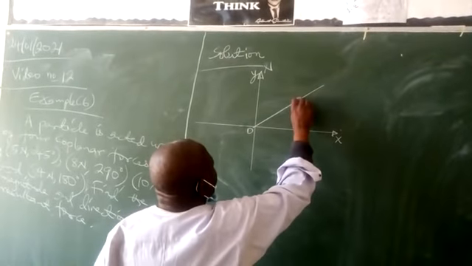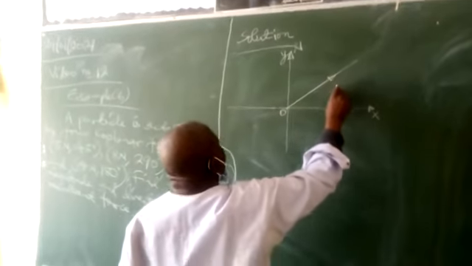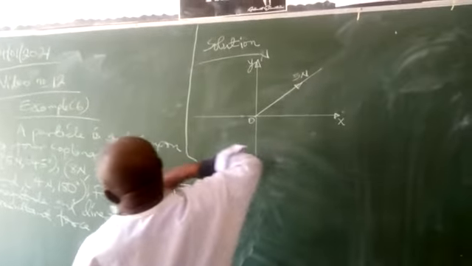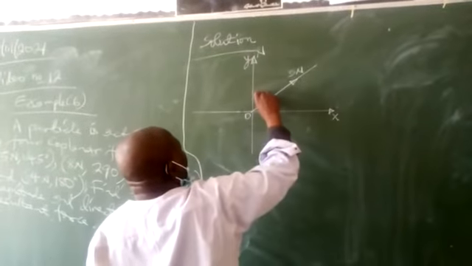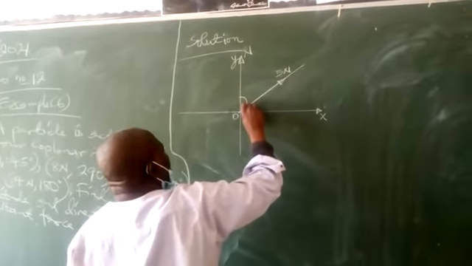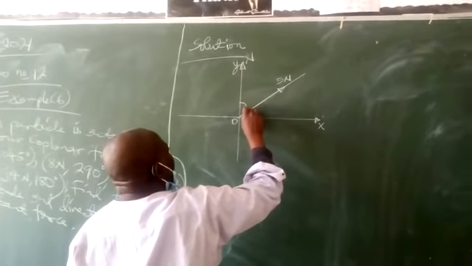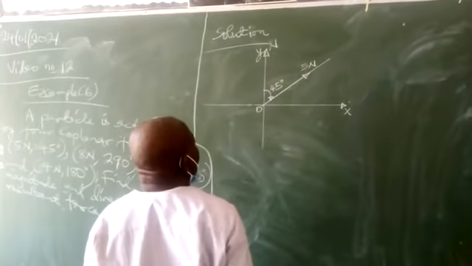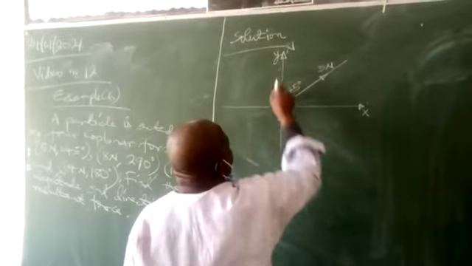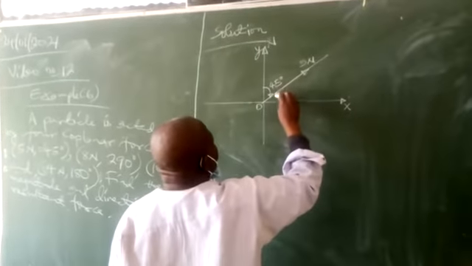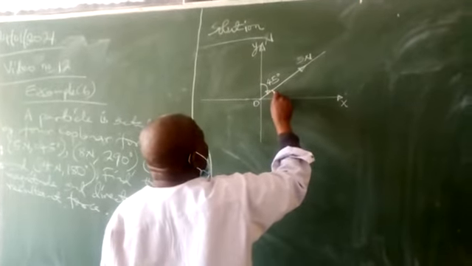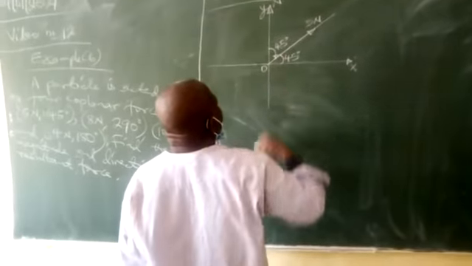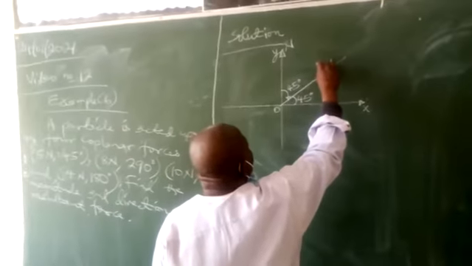Since the whole angle in this first quadrant is 90 degrees, the remaining angle to the horizontal will be 90 minus 45, which is 45 degrees also. So the first force of 5 Newton has been located.